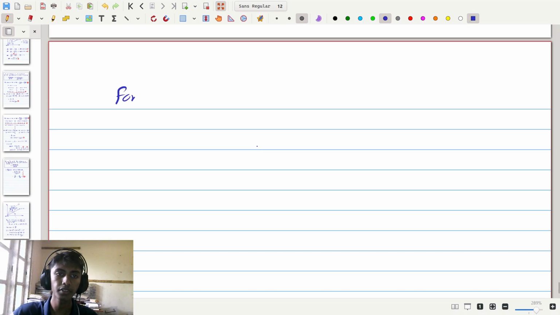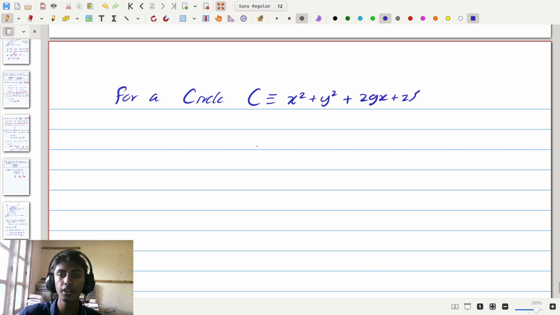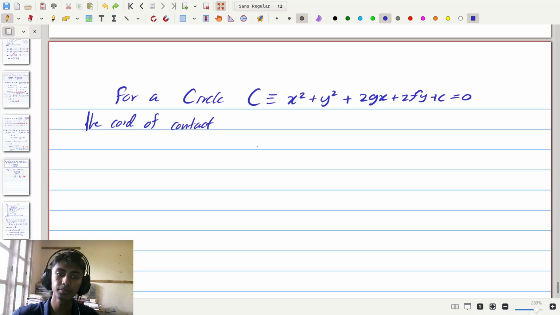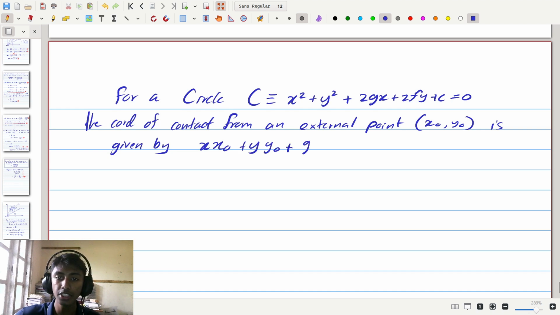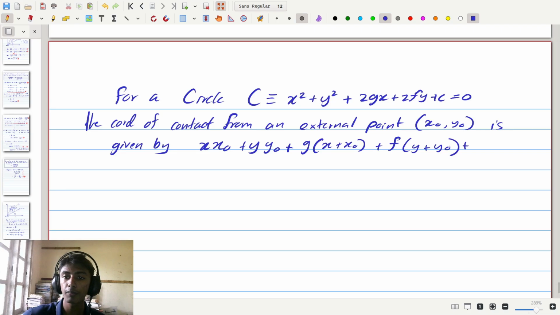For a circle C given by x squared plus y squared plus 2gx plus 2fy plus c equals 0 form, the chord of contact from an external point, say (x0, y0), is given by the equation x x0 plus y y0 plus g(x plus x0) plus f(y plus y0) plus c equals 0.